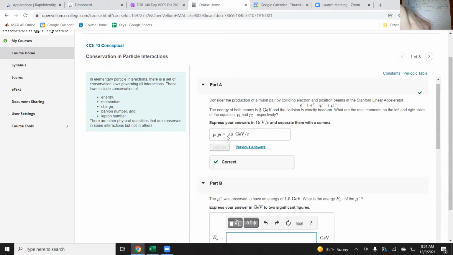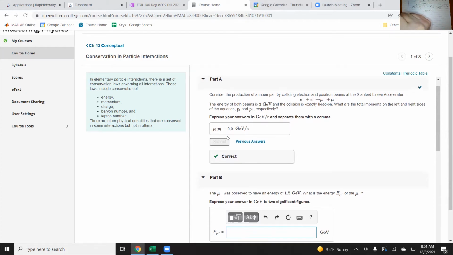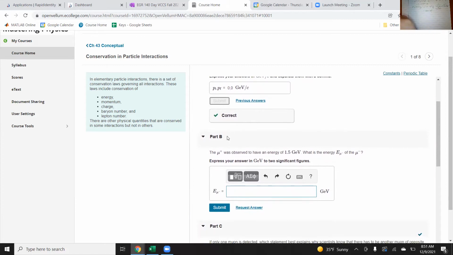Now, part B, it says the mu plus was observed to have an energy of 1.5 GeV. So what is the energy of the mu minus? Well, conservation of energy would predict that the total energy before the collision has got to be the total energy after the collision. But what do you think the total energy is before the collision?